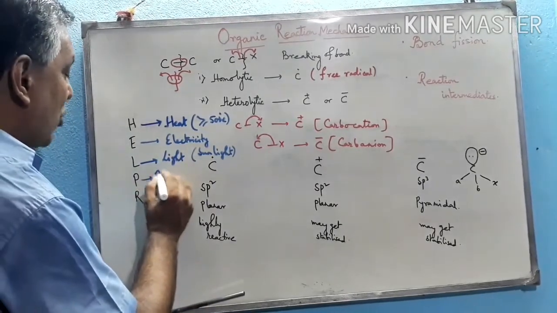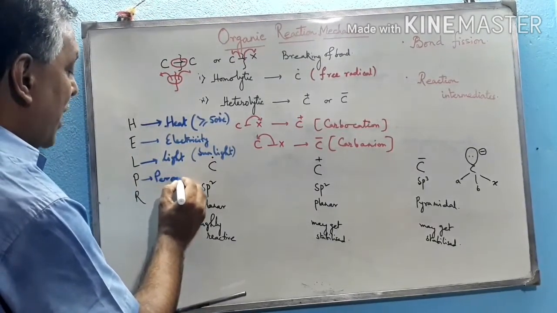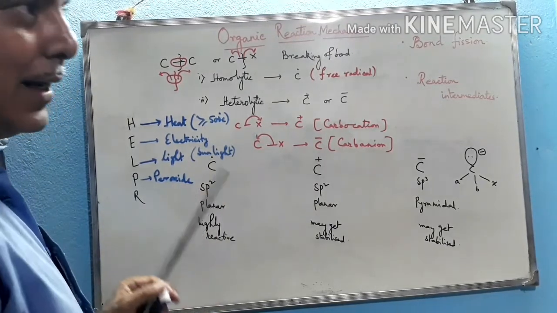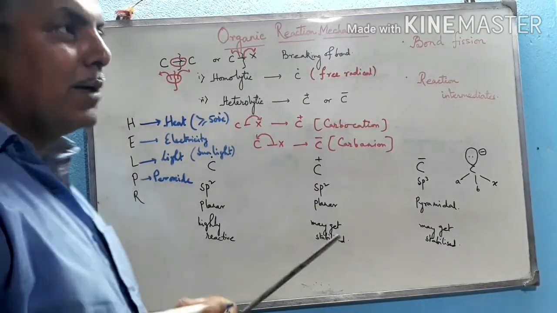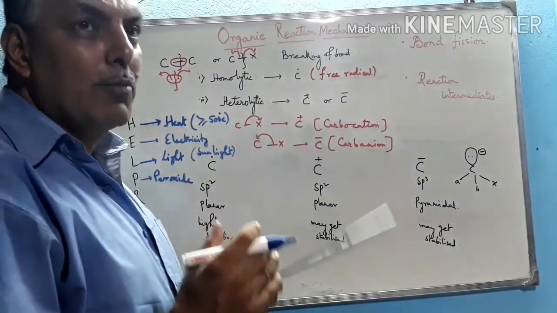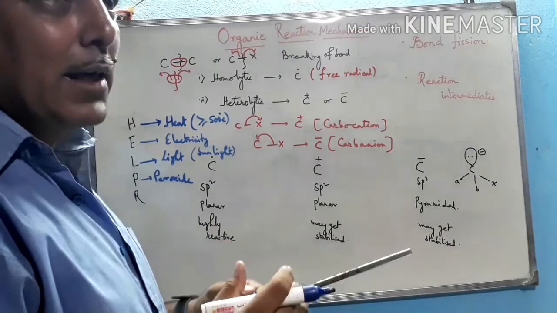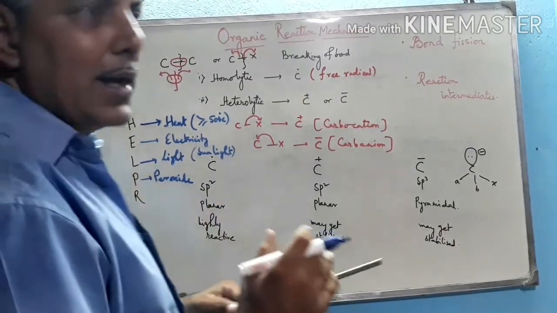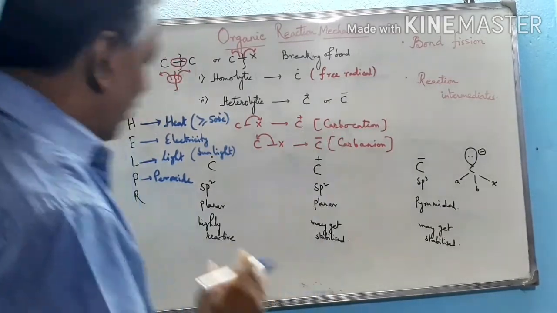P is the peroxide. In presence of peroxide, hydrogen peroxide, the intermediate formed is also a free radical. Later we will see in the anti-Markovnikov reaction, the peroxide effect, that in presence of peroxide it produces a free radical, and through the stabilization of the free radical the reaction proceeds in a particular mechanism.